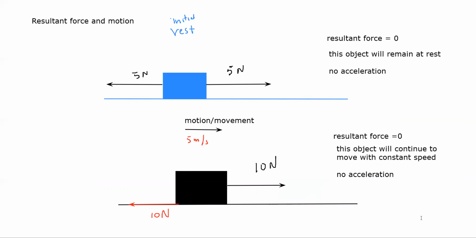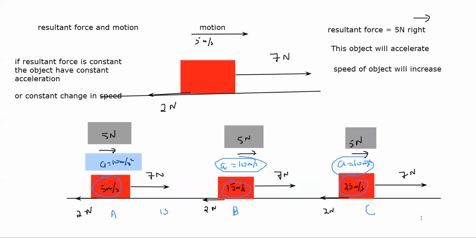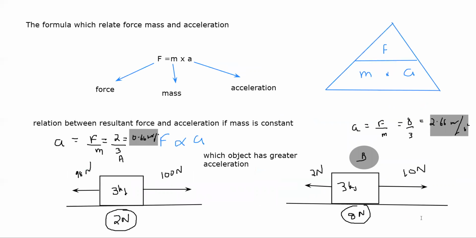If it's a stationary object, it will remain at rest. If it's a moving object, it will continue with constant speed. If a constant resultant force is there, it will have a constant acceleration or constant change in speed. And how can we find the relation between force, mass, acceleration? F is equal to ma.